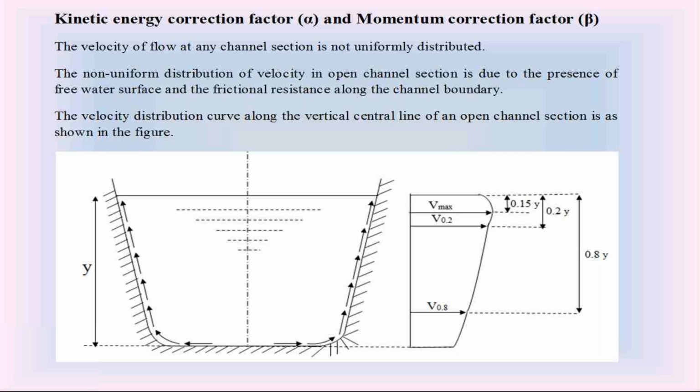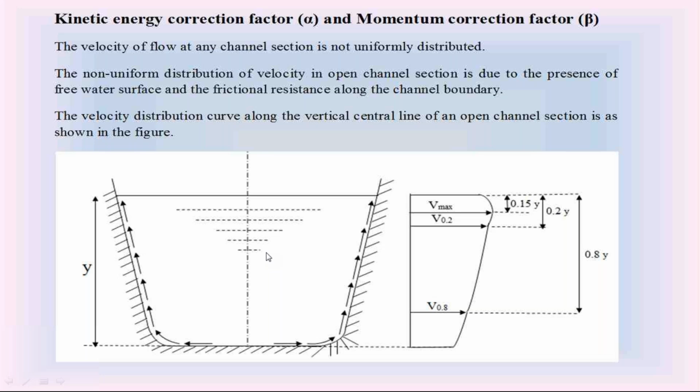Since in open channels we are using that mean velocity in the calculation of kinetic energy and linear momentum, we must introduce two correction factors to find the actual kinetic energy and also the actual linear momentum of flowing water in the open channel.